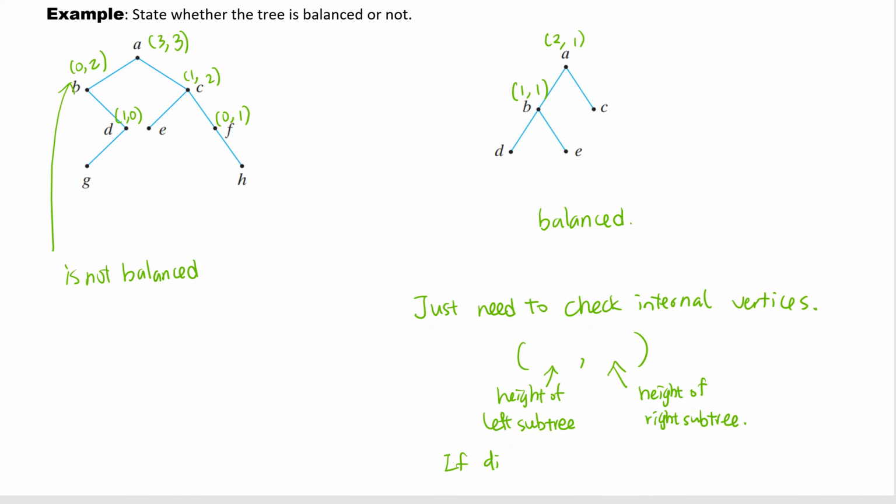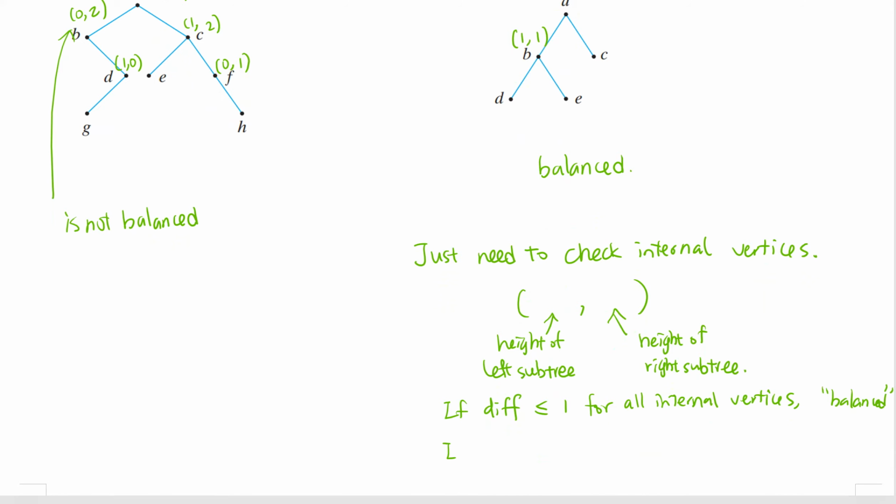So if the difference is less than or equal to 1 for all internal vertices, then we have balance. If the difference is greater than 1 for some internal vertex, then we have not balance. So far, so good, everybody.